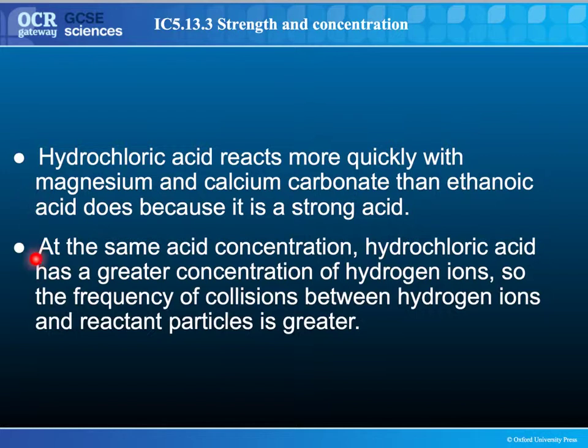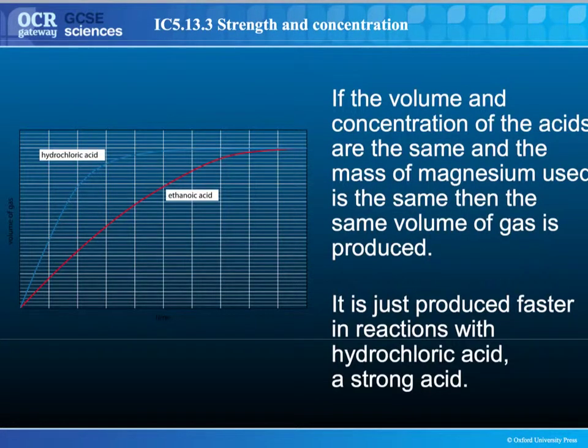In better terms, hydrochloric acid reacts more quickly with magnesium and with calcium carbonate than ethanoic acid because it's a strong acid. That means at the same concentration it has a greater concentration of hydrogen ions, so the collision frequency is greater and the rate of reaction is higher. You can tell from this graph that the rate of reaction is higher because the gradient of the graph is much steeper. However, they level off at exactly the same point.